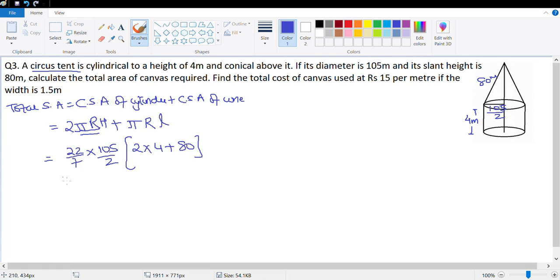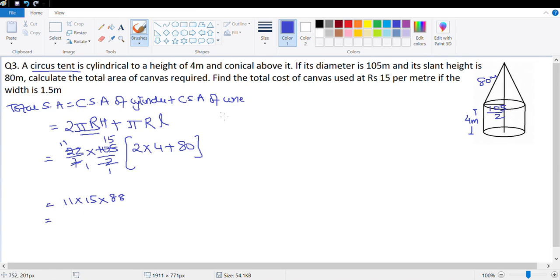That's 7 into 15 is 105, so this is 11 into 15 multiplied with 2 into 4, 8 plus 80, that's 88. Let's just confirm, 8 plus 80, that's 88. That's 88 into 11 into 15.